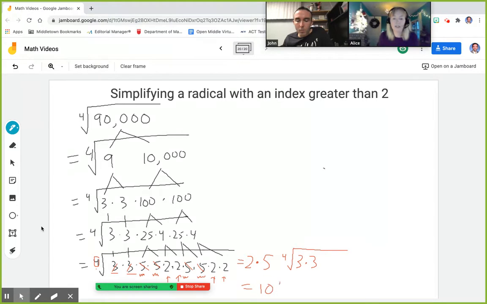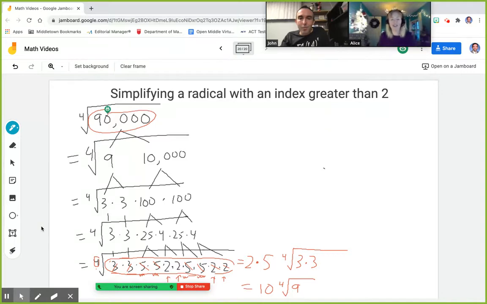And then inside the radical, I'm left with 3 times 3, which is 9. And one thing I could have done, I could have multiplied all these numbers together to make sure I got the 90,000. It's just a nice way to check your work. You know how I love checking my work.